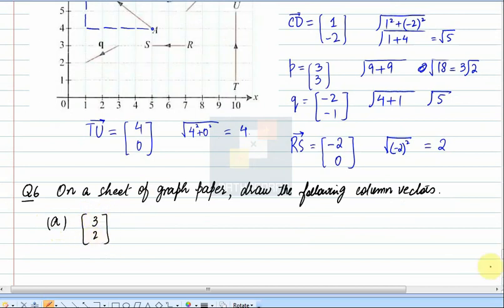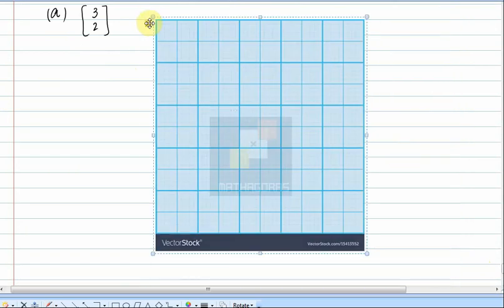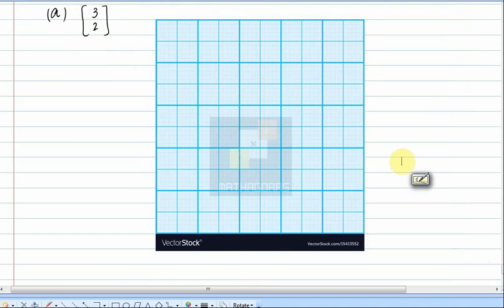Now on your graph paper, how do we need to plot this one? Let's suppose that is my graph. First, we need to draw the axis, right? So I draw the axis in the middle. That is my x and y axis, and I will say it's 1, 2, 3, 4, 5, and 1, 2, 3, 4, 5.